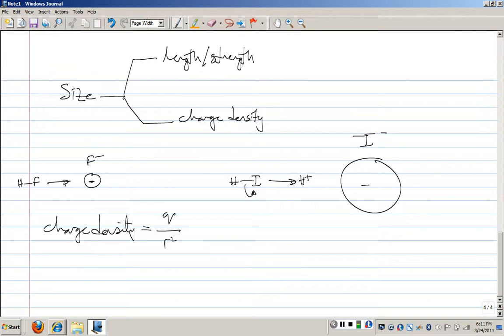The charge density in the fluoride ion is huge, whereas because the iodine is a much bigger atom, the minus charge is dispersed or dissipated or delocalized over a much larger surface area. So we say that the I minus charge, the 1 minus charge, is dissipated, or delocalized. In other words, it's evenly spread.